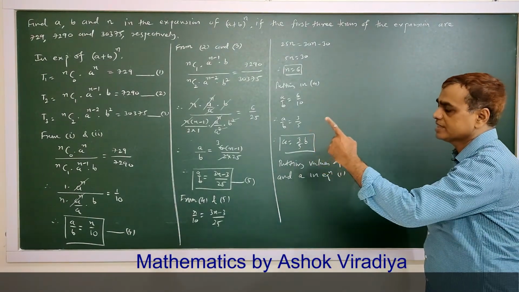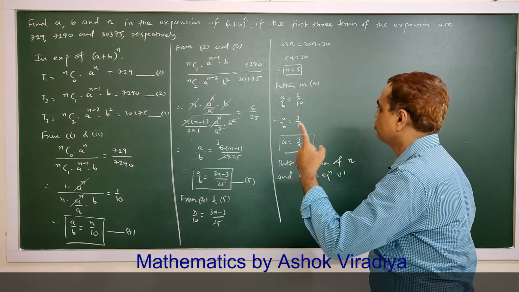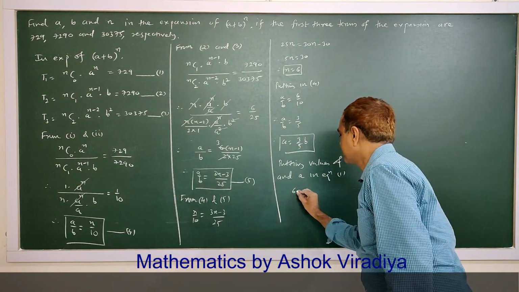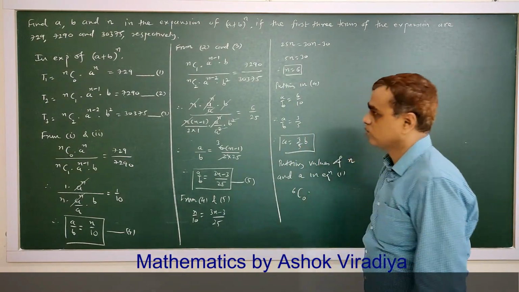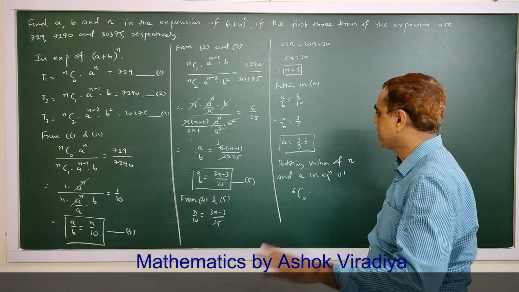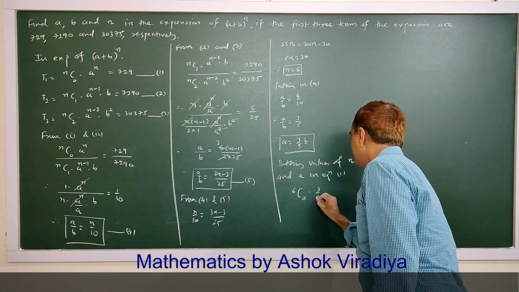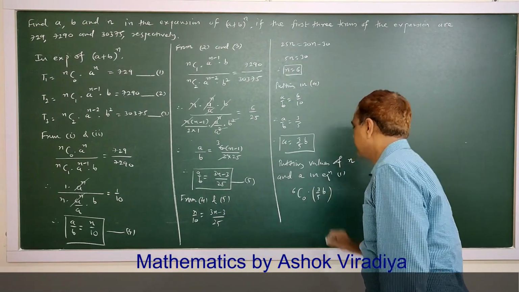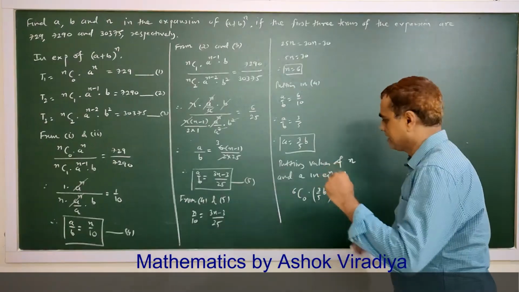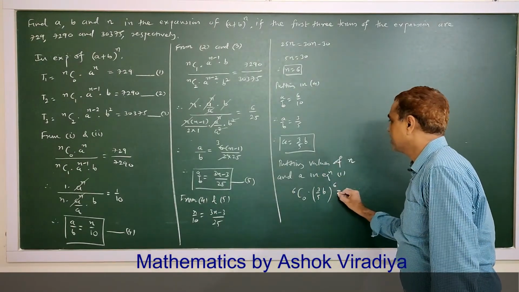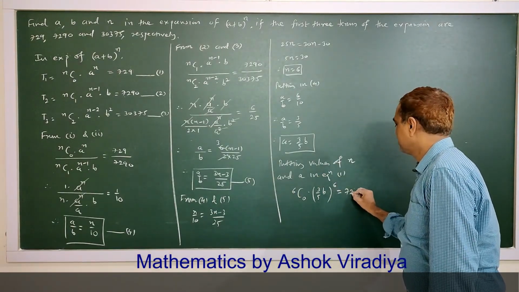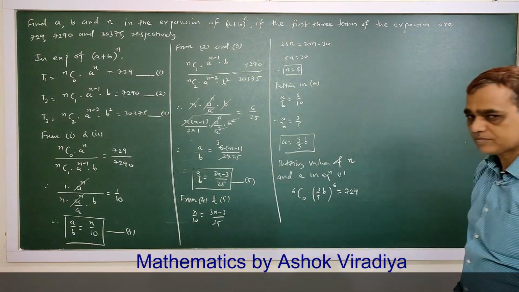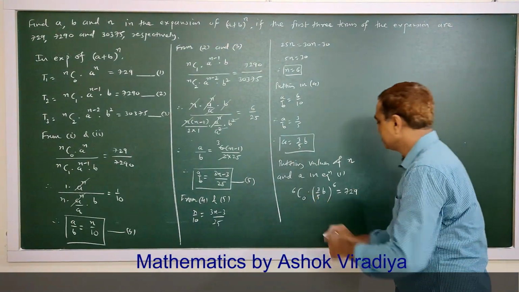Equation 1 is nC0, n is how much? 6. 6C0 a raised to n, what is a? 3 by 5 into b, raised to n, n is 6, equal to 729. 6C0 is 1.